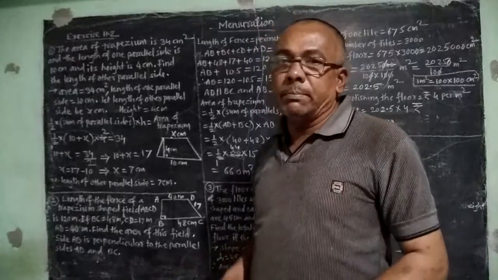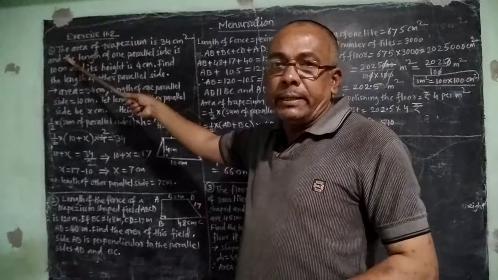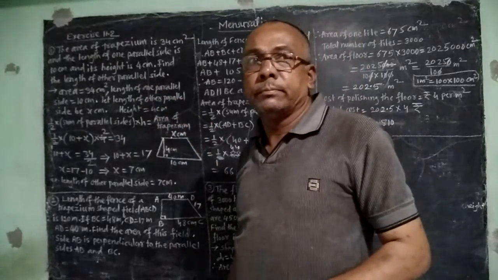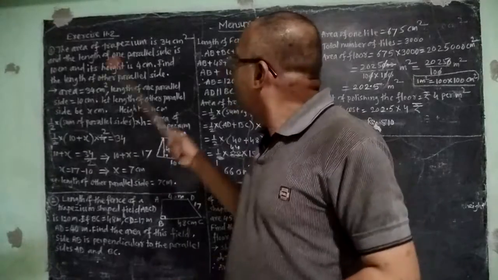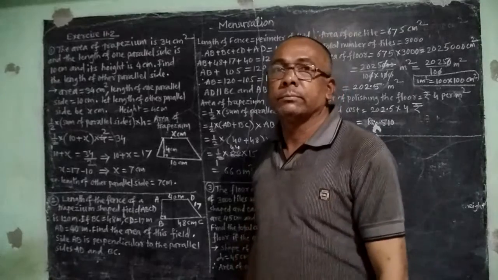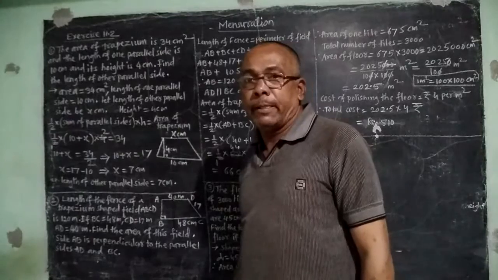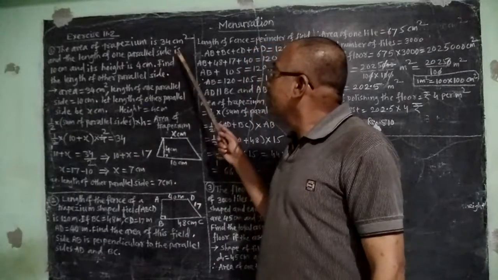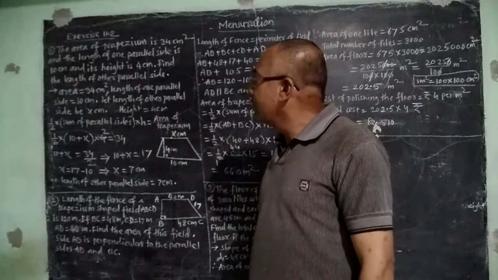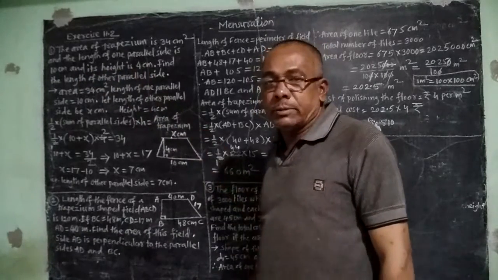So write the first example. Here in the first example it is given that the area of a trapezium is 34 centimeter square, and the length of one parallel side is 10 centimeter, and its height is 4 centimeter.